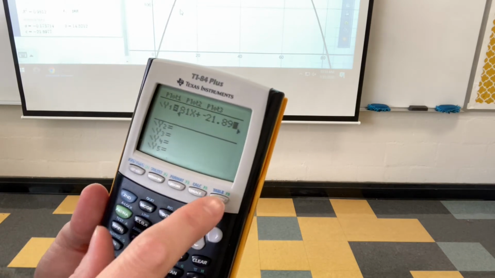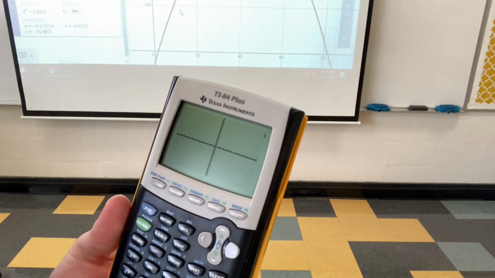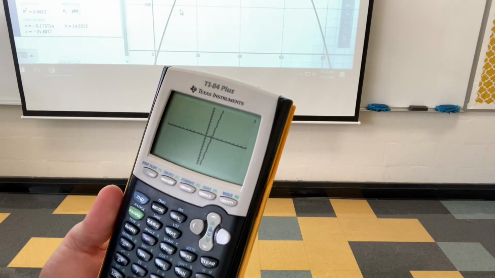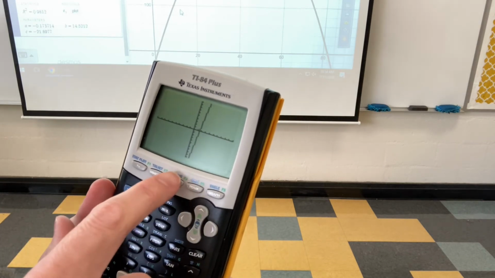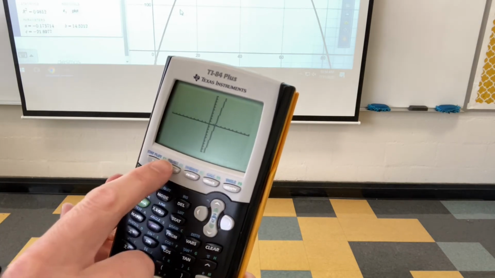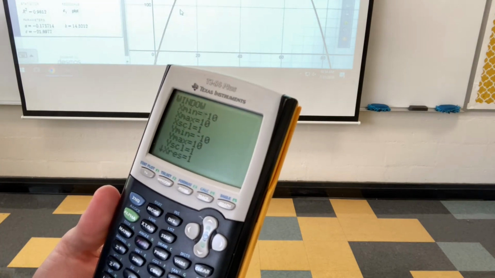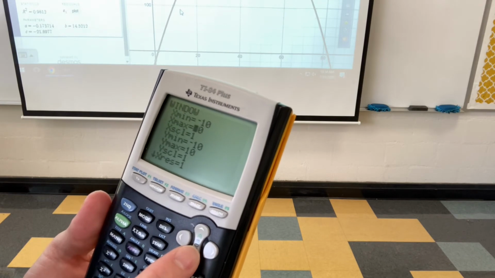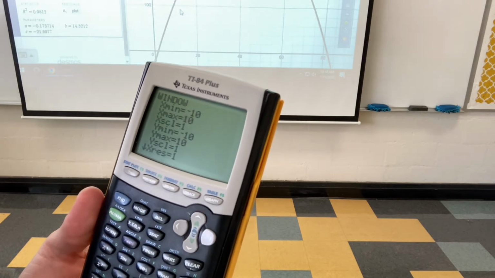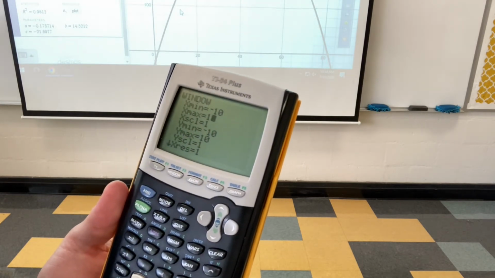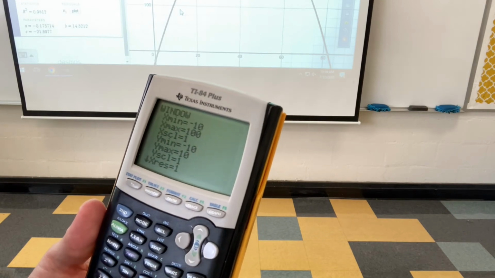So if you go to the graph, you can see part of the graph, but you may want to change your window. So we can change our x min and x max. The x min we can leave at maybe negative 10, that's fine. The x max, let's see, the total distance goes up to about, we'll just say 100 will capture most of it.